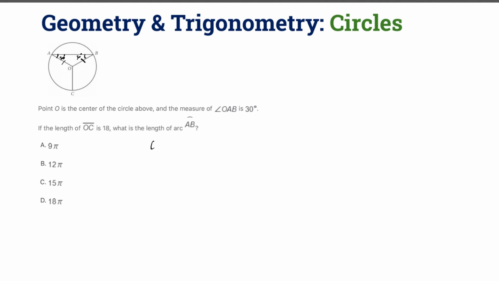We had angle OAB was 30 degrees. We also had OA is equal to OB, which means that angle OBA is equal to angle OAB, which is going to be equal to 30 degrees as well.